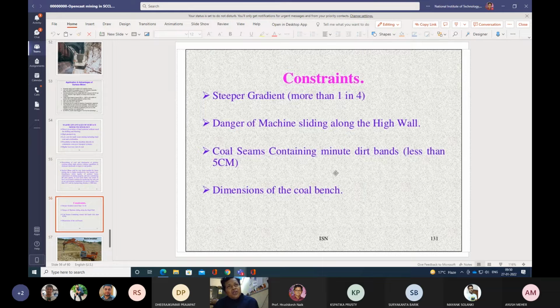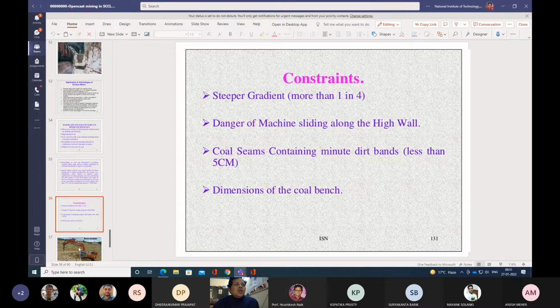Coal seams containing minute dirt bands cannot be taken by the surface miner. Less than 5 centimeter dirt bands, so you cannot avoid the dirt bands. Dimensions of coal bench is very much important for the mining of the coal by using the surface miner technology.